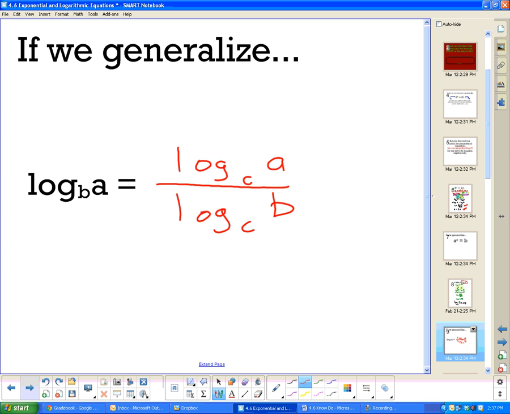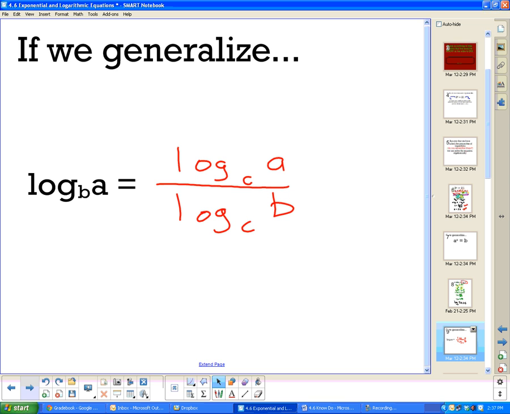And remember that base c is going to be the base of your choosing, any choice you want. In the previous two problems, I chose a base of 10 in the first case and a base of e in the second case. We typically choose those because they're on the calculator, but once again, I'm going to remind you, it's not always the best choice to make.